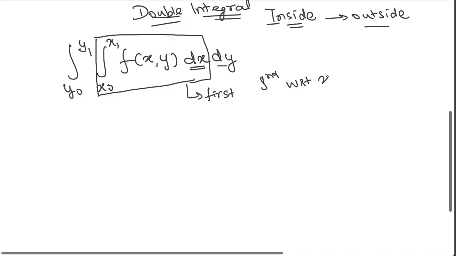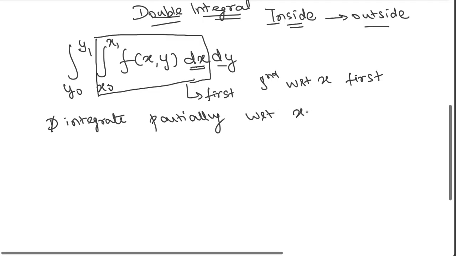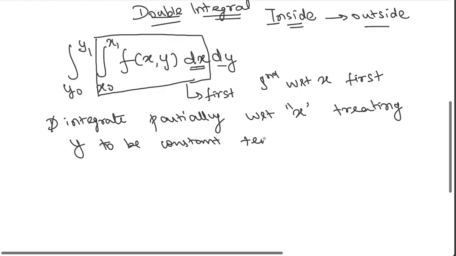So when I integrate it with respect to x first, how to deal with the second variable y? So we integrate it partially with respect to the variable x, treating your y to be a constant temporarily.